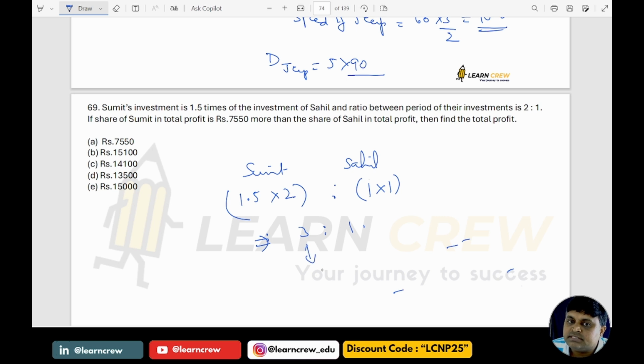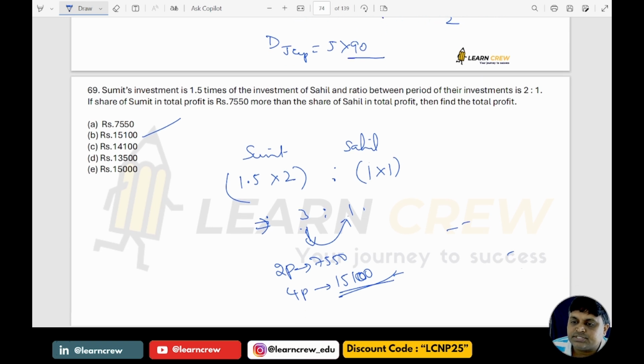The share of Sumit in total profit is 7550 more than the share of Sahil in total profit. So 2 parts is more than this. If 2 parts is 7550, then total profit is 4 parts. 4 parts will be double of this, which is 15,100. So option B is correct.